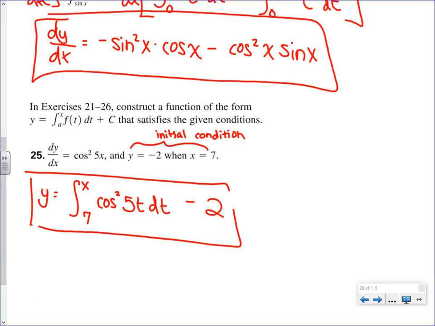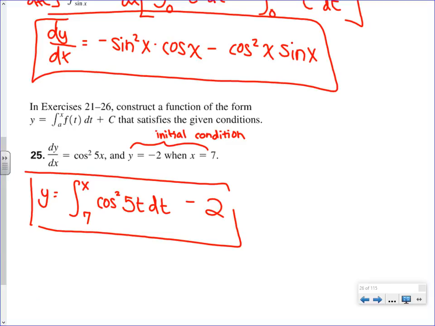All the other values are fine, they're encapsulated in this x, and I'm taking the antiderivative of cosine squared, but I had to start somewhere, so I started at 7. And so I'm saying, okay, I'm starting at 7, but this has to work when x is 7 as well. So I'm starting at 7, it has to work at 7. 7 to 7, the integral has no bearing. I need it to equal what value they told me it had to be, which is negative 2.